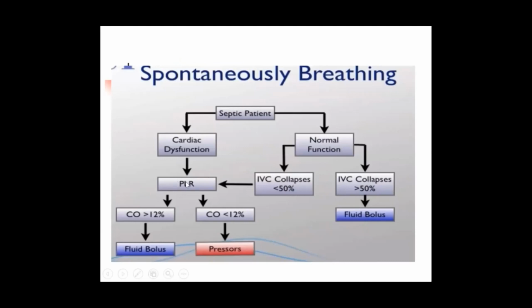If on doing a PLR the cardiac output increase is more than 12%, give a fluid bolus. If the cardiac output increase is less than 12%, then you can resort to pressors. A septic patient with cardiac dysfunction, straight away do a PLR. PLR more than 12%, give fluid; less than 12%, give pressors.